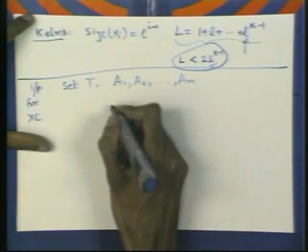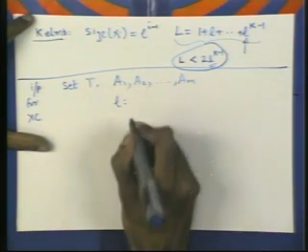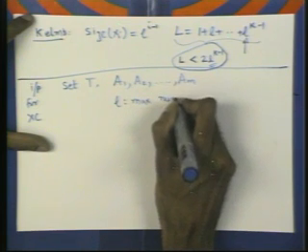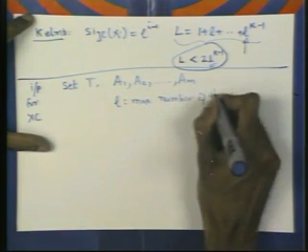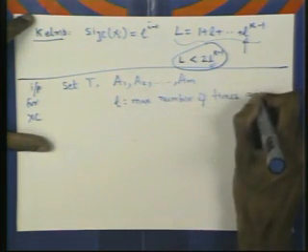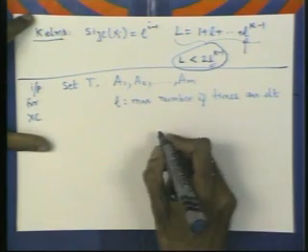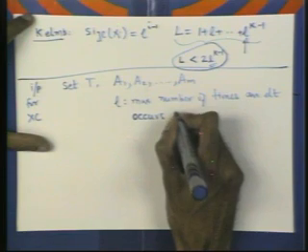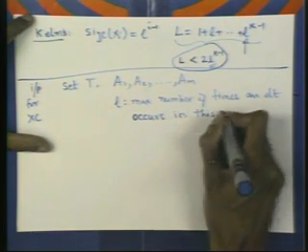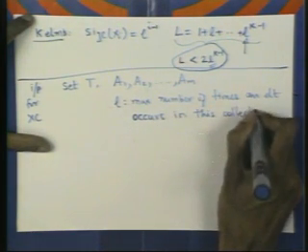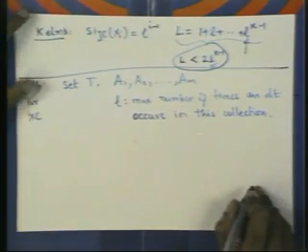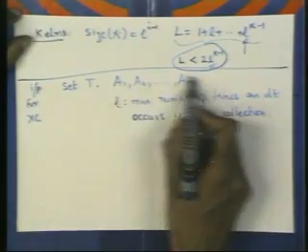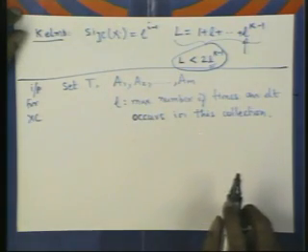Now I'll choose L to be the maximum number of times an element occurs in this collection.